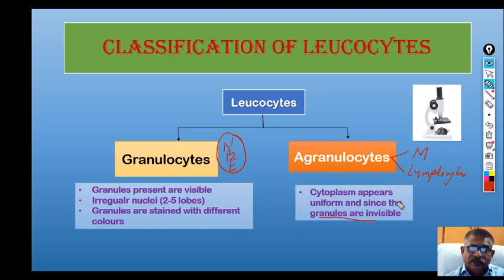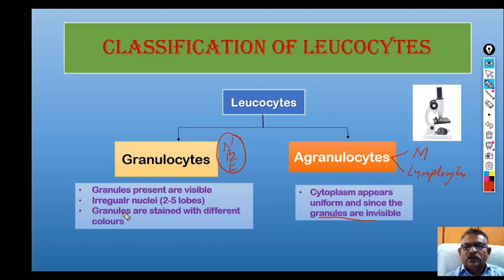I repeat, leukocytes based on microscopic observation are classified into two: granulocytes and agranulocytes. Granulocytes are those leukocytes which show the presence of visible granules in their cytoplasm. The nucleus is irregular, mostly with 2 to 5 lobes. Granules are stained with different colors due to their affinity.